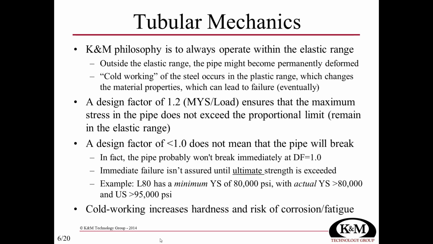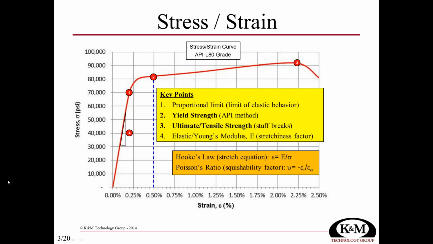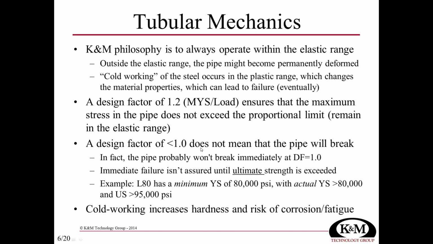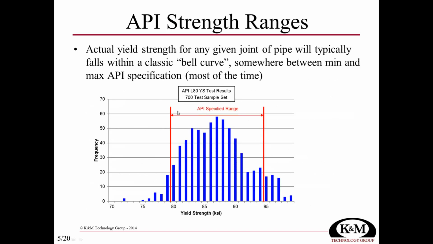And if you think about it, that kind of covers our bases, because if we did have some material with a yield strength of 80,000 psi, we really need to operate down here below 70,000 psi if we're going to stay in the elastic range. So the basis of that 1.2 might sound very conservative, but it's only conservative if our actual strength happens to fall out here in this range.